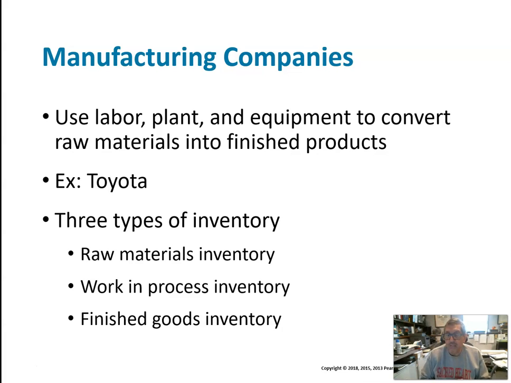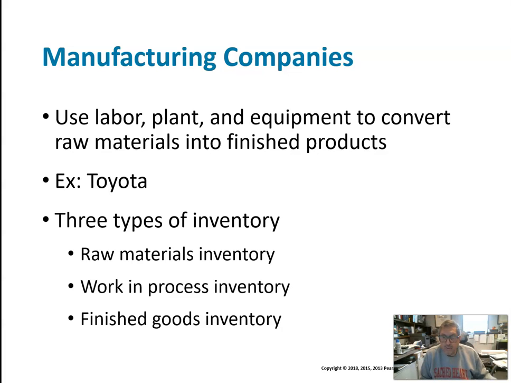At any given point in time, we have goods that are in the process of being completed but not completed yet. That level of inventory, what we have in process, is called work in process inventory. And finally, once we've completed the transformation of the raw material into a good that we can sell, we have items in finished goods inventory.